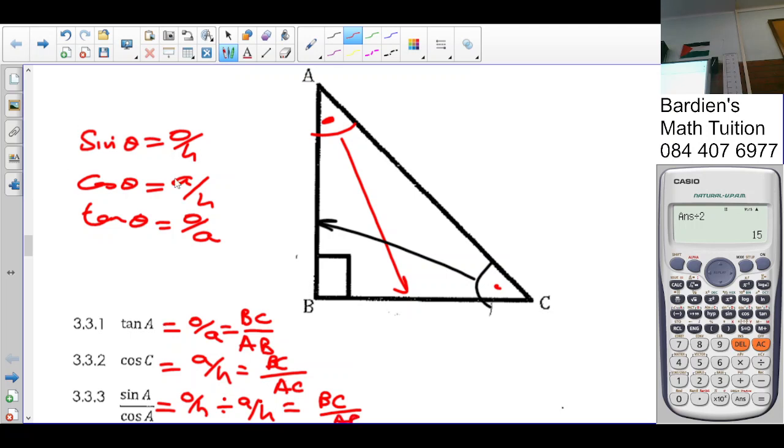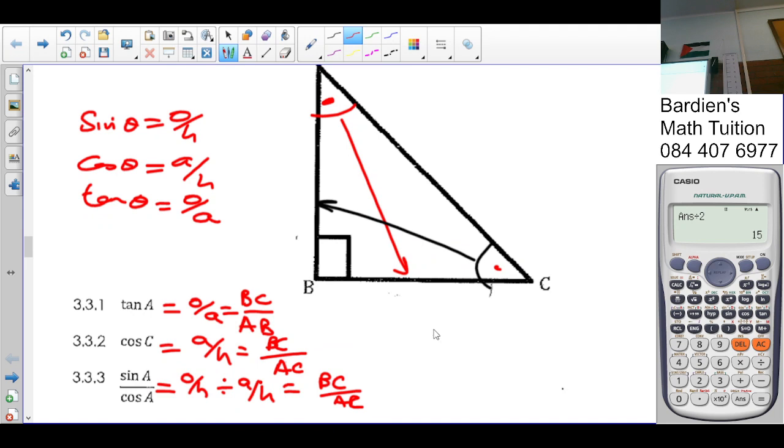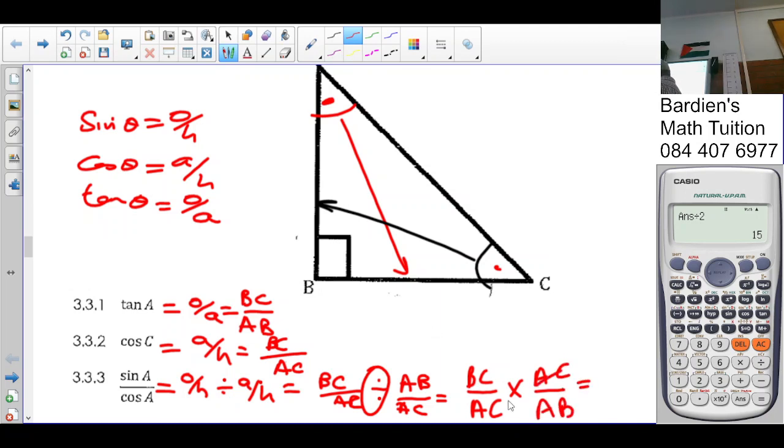BC over AC must be divided by A over H, which is AB over AC, hypotenuse. That will change to multiplication. So BC over AC times AC over AB. That will cancel and leave you with BC over AB. Not so?